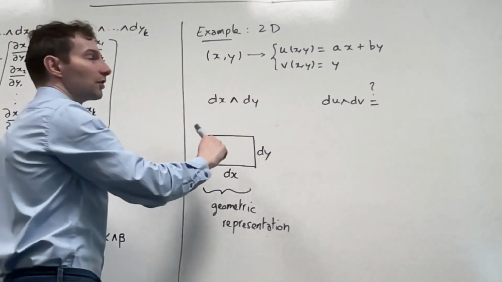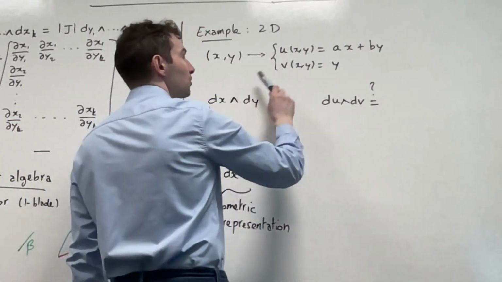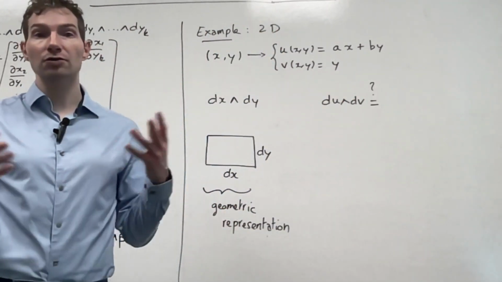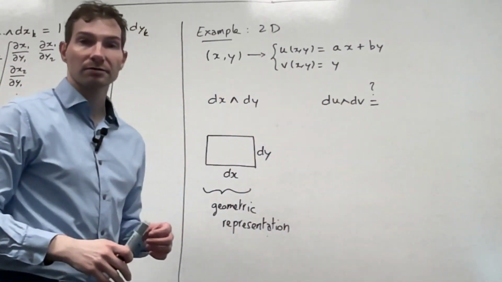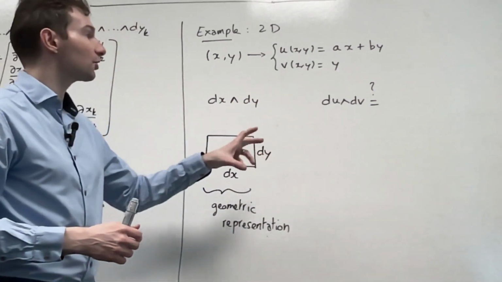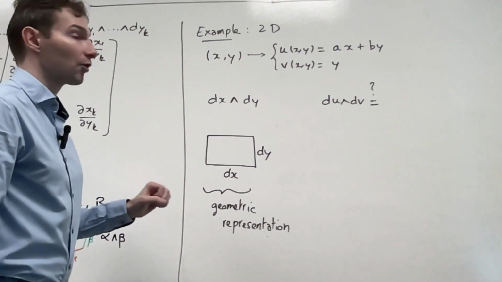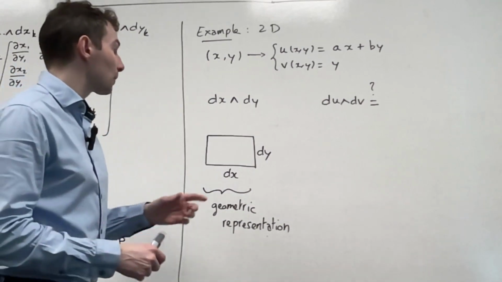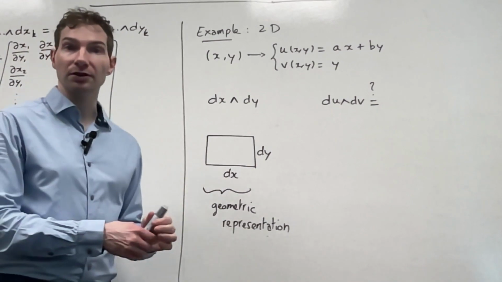We change the coordinate system from xy to a new one, u, which is ax plus by, where a and b are constant factors, and then v of xy is y itself. Okay, so essentially that's it. And what I want to see is how this is going to change the expression, or rather the shape, that we are looking at to integrate. So dx dy is basically the fundamental element of integration.